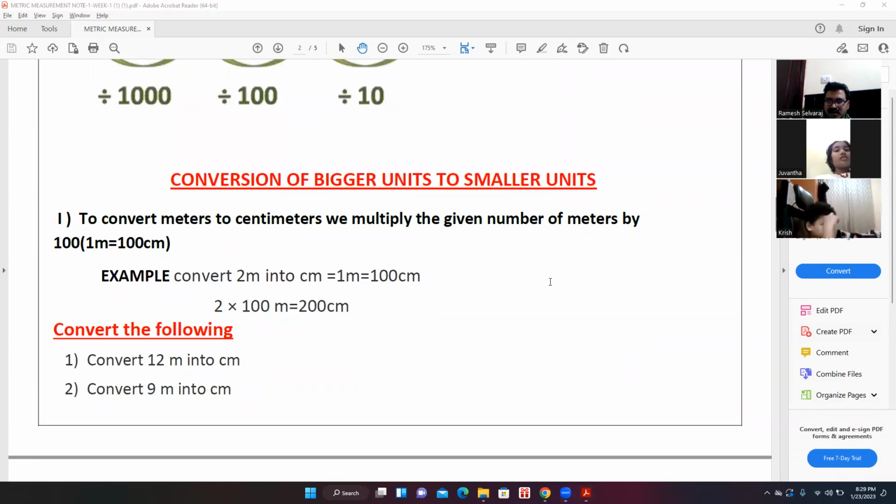Now we will see this one. If somebody is asking you, in 1 meter, how many centimeters are there?